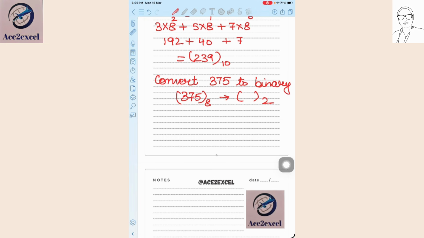In this case, you will represent every octal digit in 3 bits. How do we write 3? 011. How do we write 7? 111. How do we write 5? We write it as 101. So the conversion is to the base 2. This conversion can also be easily done.